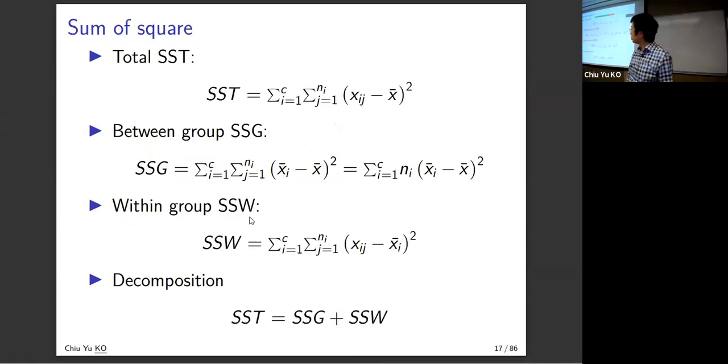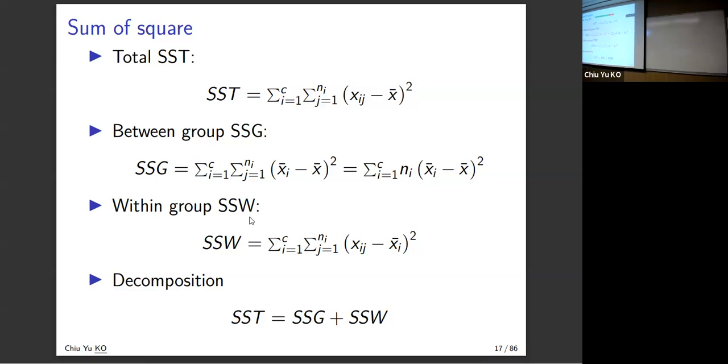So we replace all the observations by their group mean and calculate the numerator only. We'd divide by something to give you the variance.